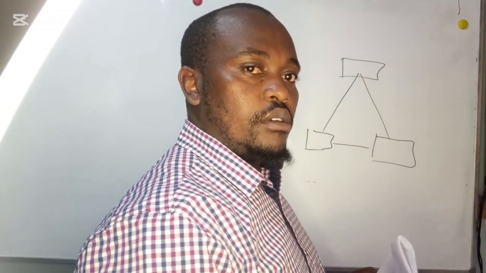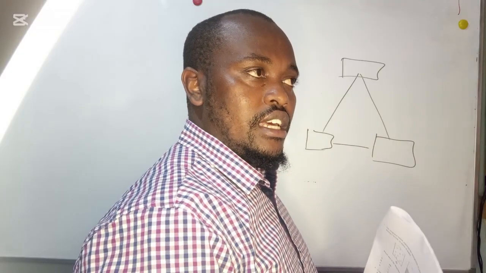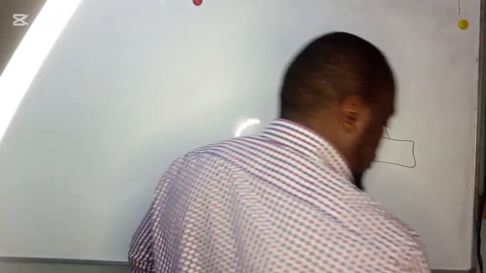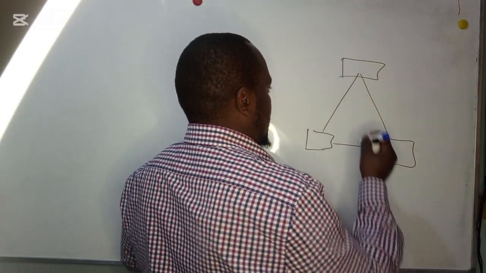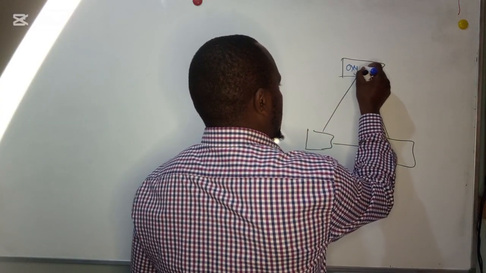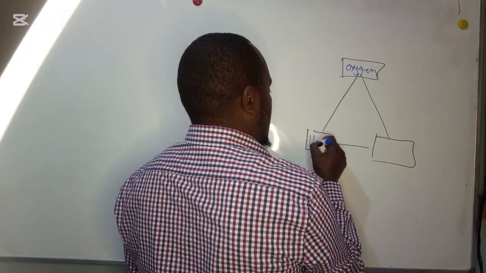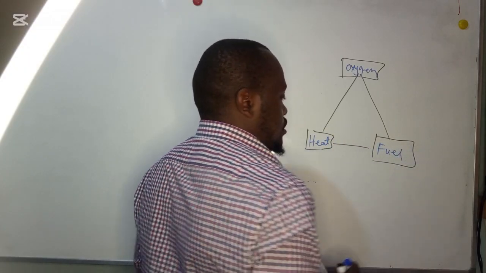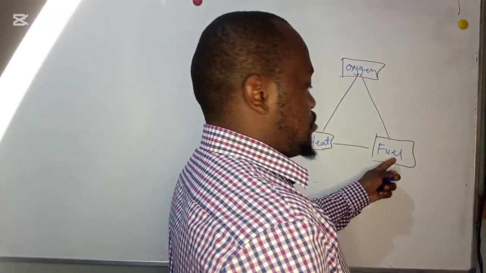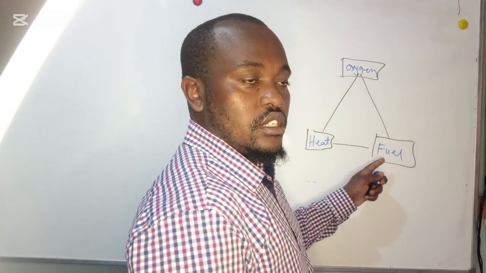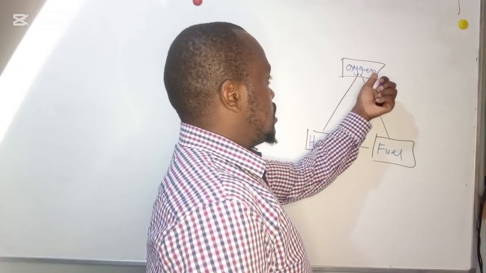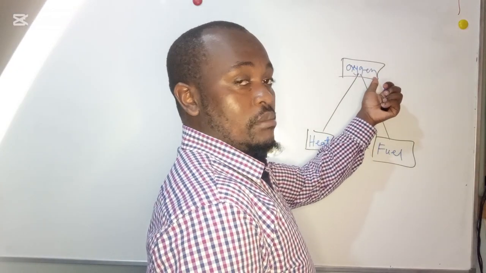These are the 3 components or factors that are necessary for combustion or to start a fire. So the first one is oxygen. The other one is heat, and the other one is fuel. To start fire, you need fuel, whether it is wood or gas, like cooking gas. You need oxygen supply.